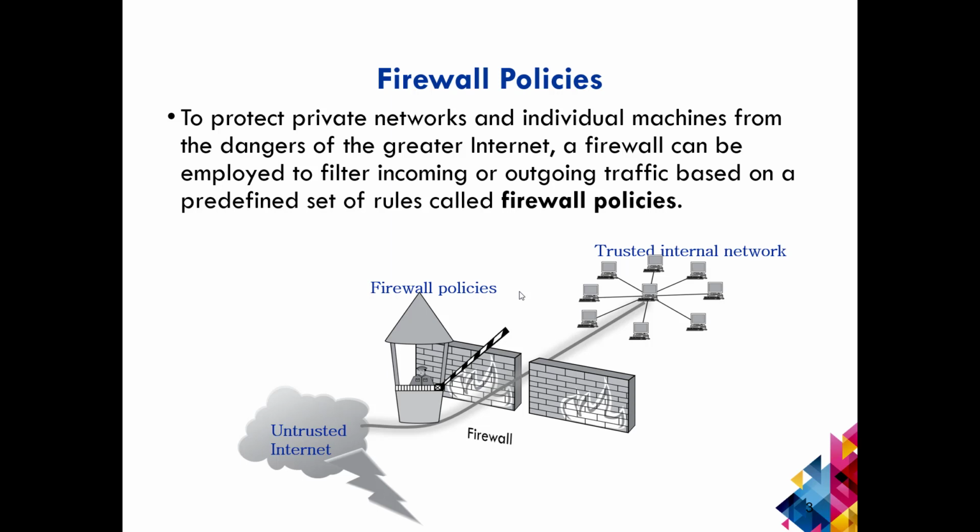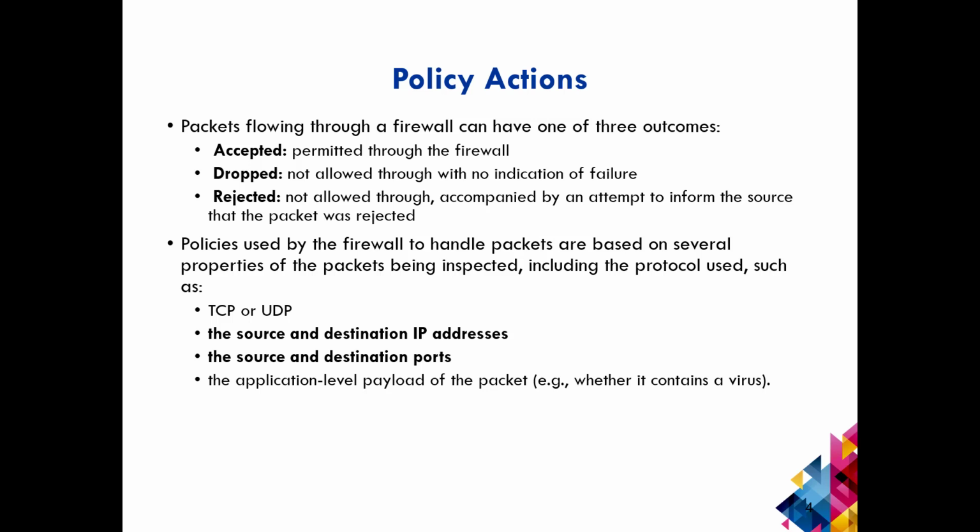Maybe the management of the organization thinks that this is the cause of the poor network performance, because most users are accessing streaming media or spending a lot of time on Facebook. So it depends on the policy.